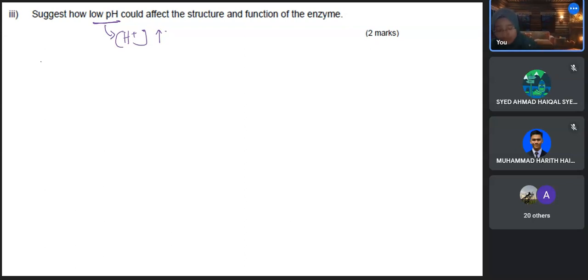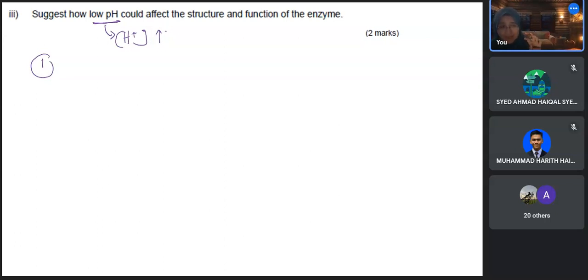First point, low pH means a high concentration of hydrogen ions. Second point, this lowers the rate of reaction. Why?